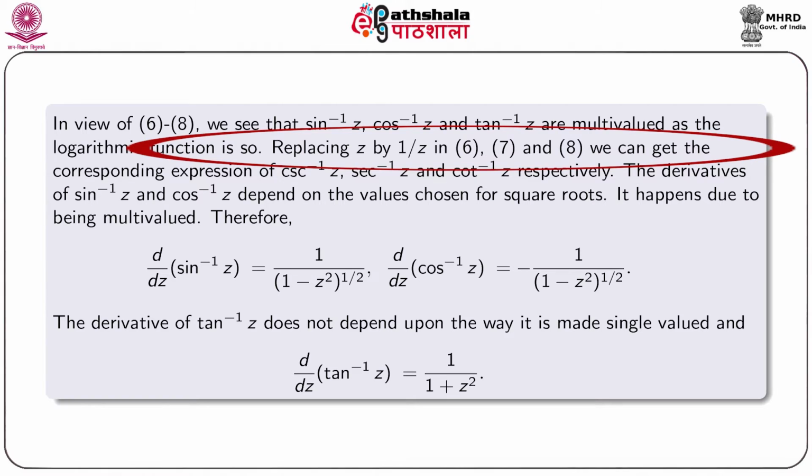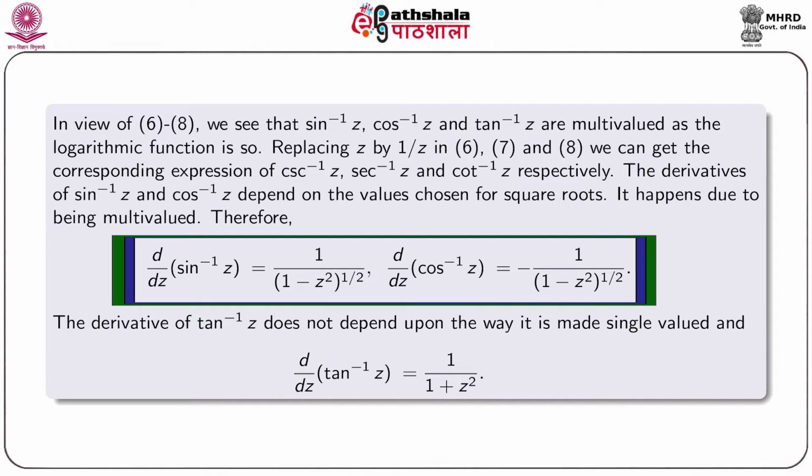Replacing z by 1 by z in 6, 7 and 8, we can get the corresponding expressions of cosec inverse z, sec inverse z and cot inverse z respectively. The derivatives of sin inverse z and cos inverse z depend on the values chosen for square roots. It happens due to being multi-valued.